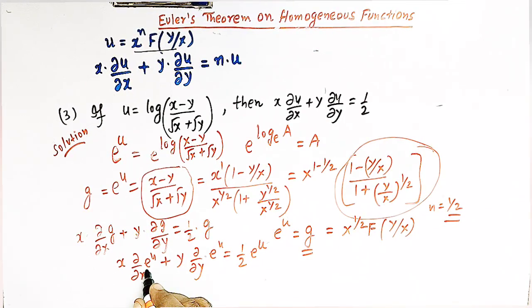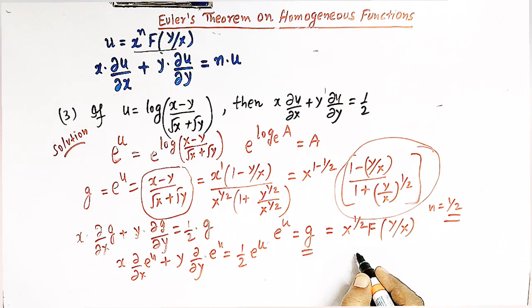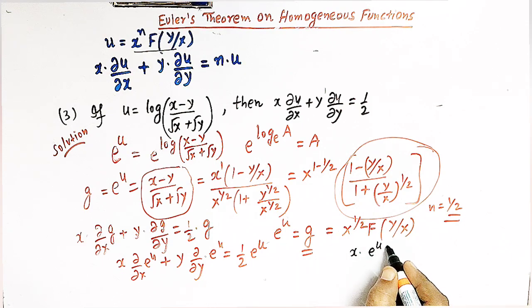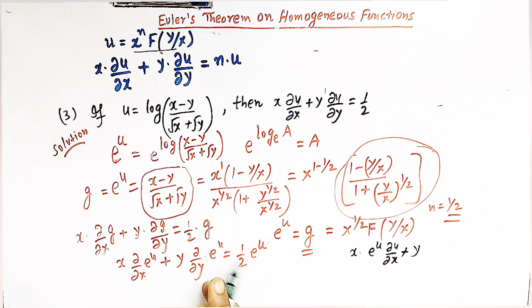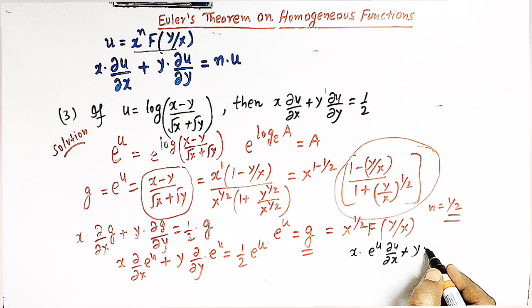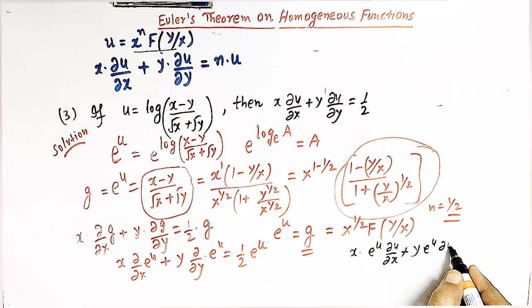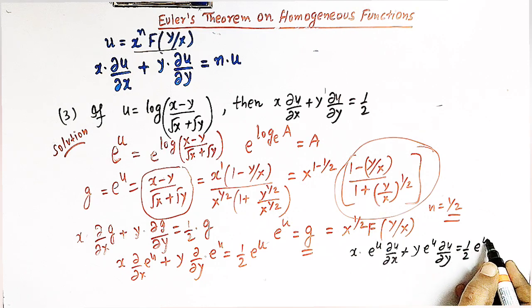Now let us differentiate e raised to u with respect to u. We can now write x e raised to u, and then by chain rule we have del u over del x. Similar is the case with this term. First we differentiate e raised to u with respect to u, so we have e raised to u, and then del u over del y, is equal to half e raised to u.